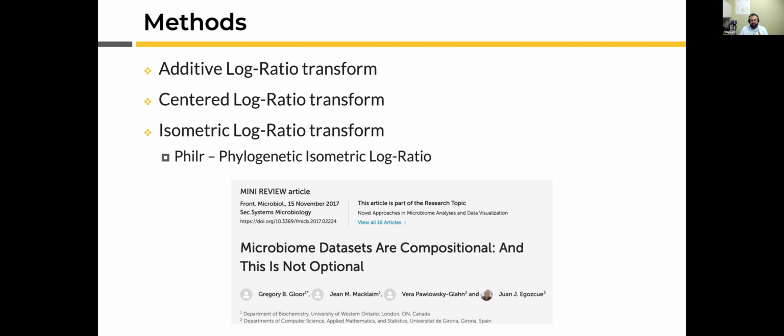So there's several problems with that. One, and this is not something I have seen discussed anywhere in the literature, but one of the problems with that is, what do you do with the zeros, right? I should have added a slide for this, but where do zeros come from in microbiome data?